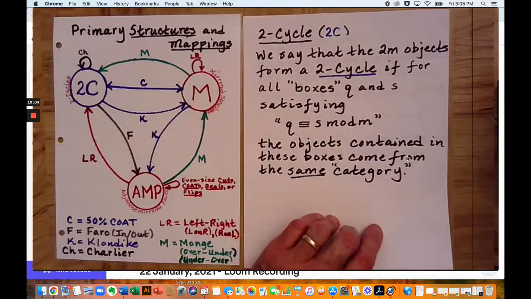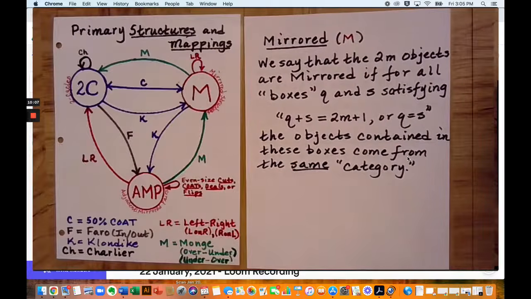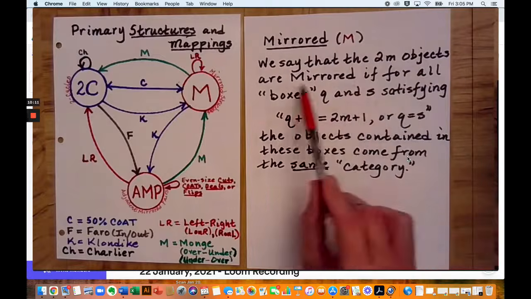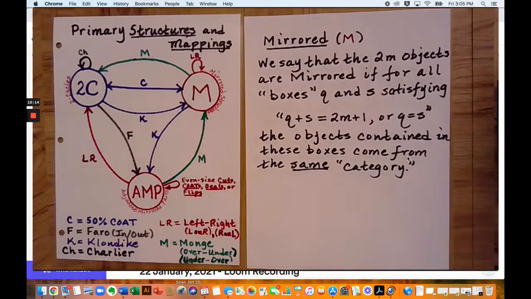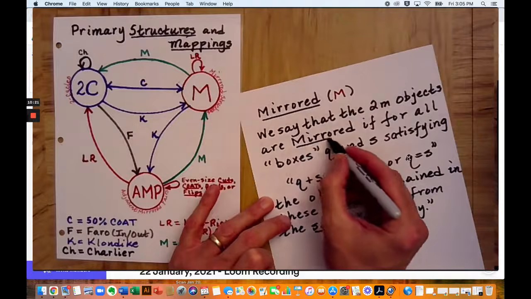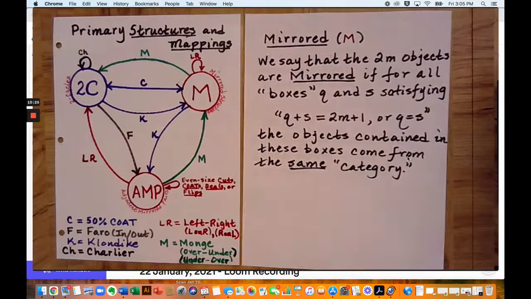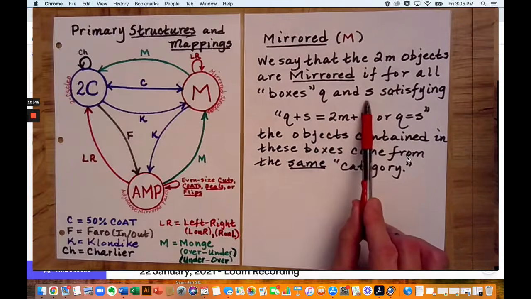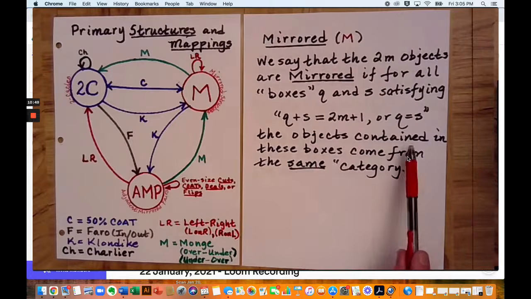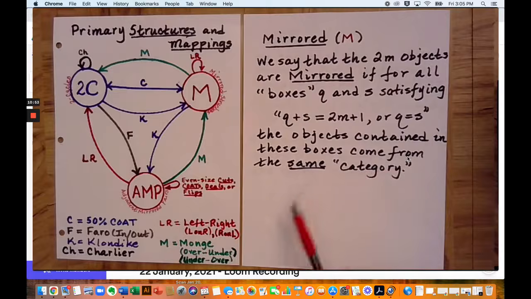Now, what's a mirrored structure? Well, we say that the 2m objects are mirrored if for all boxes Q and S, and I'm going to be OCD here and underline that for consistency, satisfying Q plus S equals 2m plus 1, or it could also be the case that Q equals S, then we require that the objects contained in these boxes come from the same category.